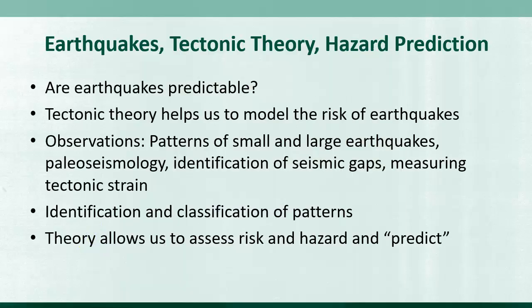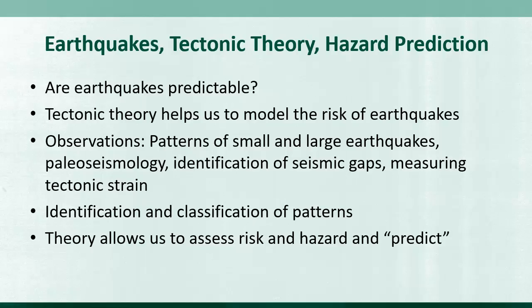Tectonic theory helps us to understand why earthquakes occur, and also gives us at least some sense of an ability to predict when earthquakes will take place, because the theory helps us to model how earthquakes are taking place and what the risk of a particular part of the world is with having earthquakes.